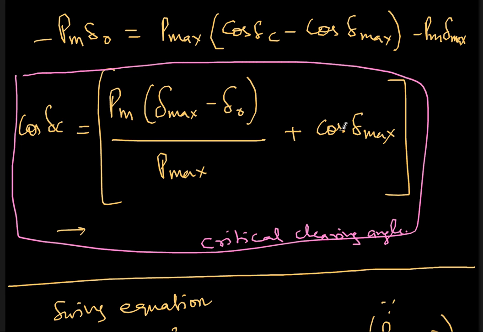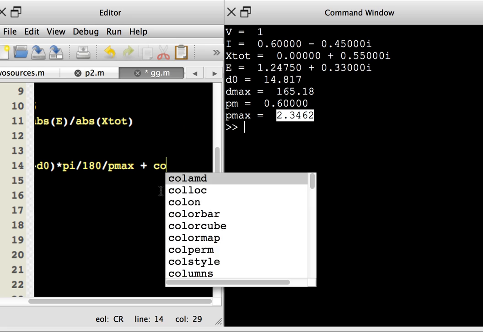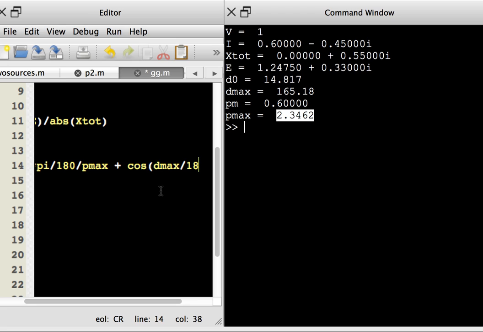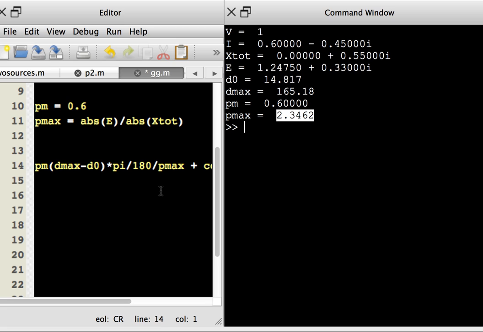Plus cos of delta max, again divided by 180 and multiplied by pi. To the whole thing I apply cos inverse, acos, and then I get delta C, the critical clearing angle. This delta C will be in radians, so just for our intuition I'll display it in degrees, multiplying by 180 by pi. Let me run this code.